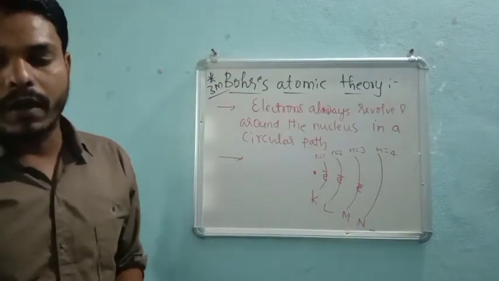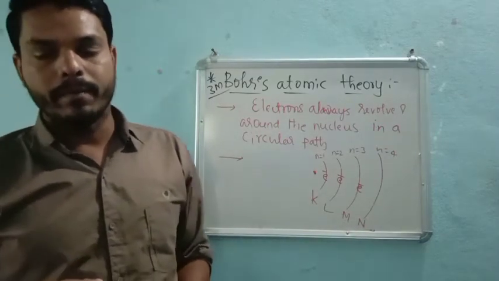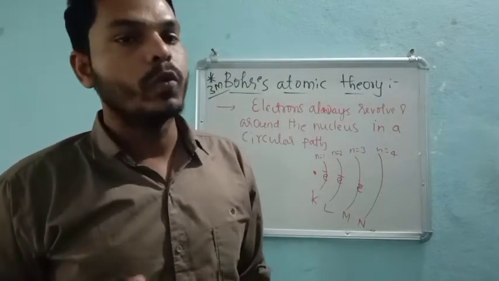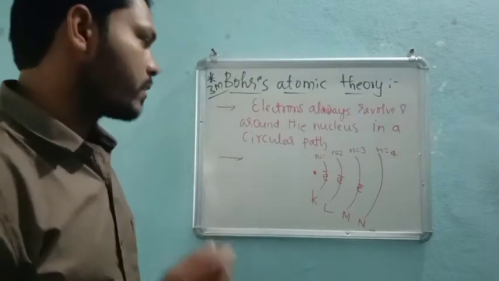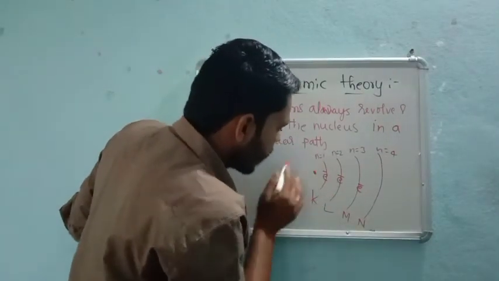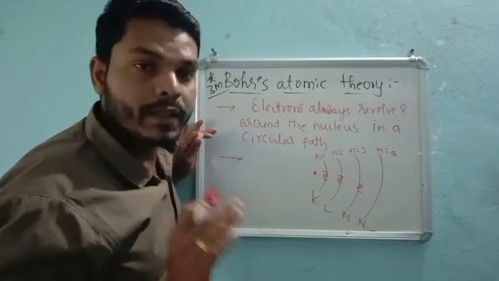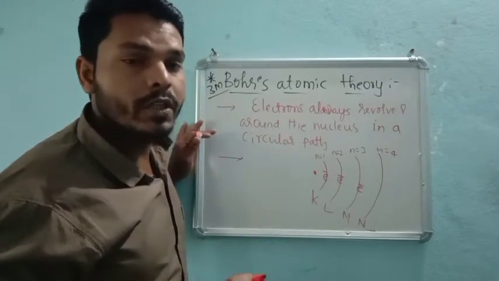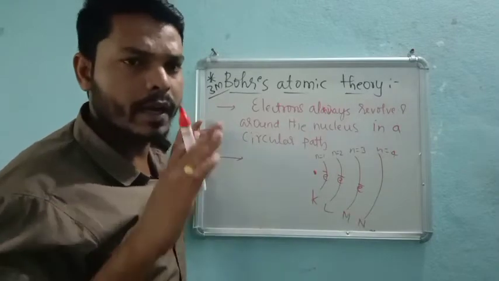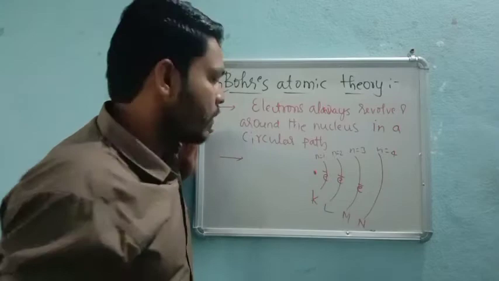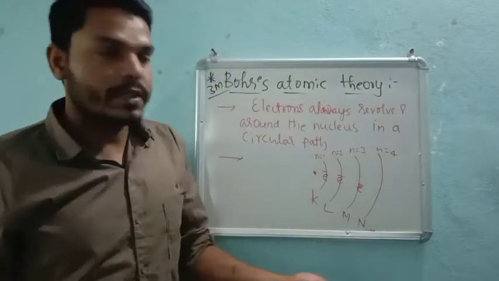While the electron is revolving in a particular orbit, the electron neither gains energy nor loses energy. Very important. See dear student, if the electron is revolving in its same orbit, then it will not undergo loss of energy or gain of energy. The energy remains the same. That means stationary. So when it changes, we will see later.